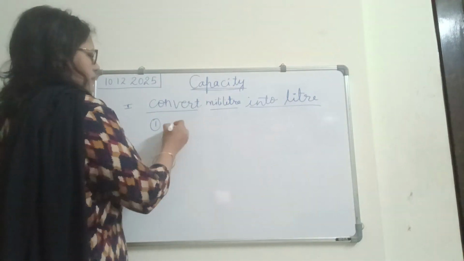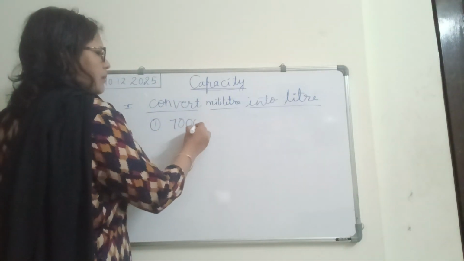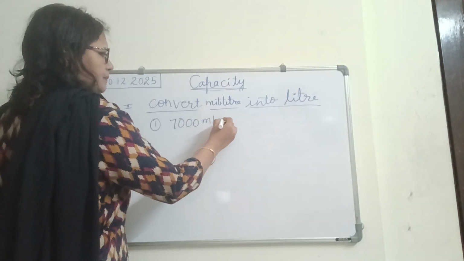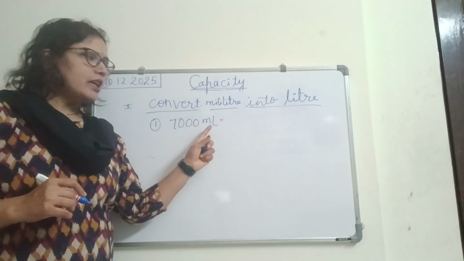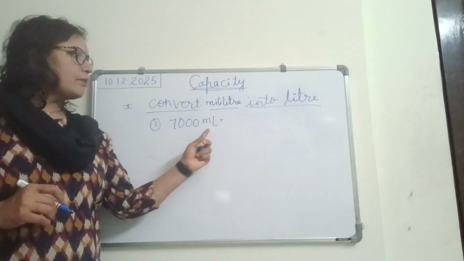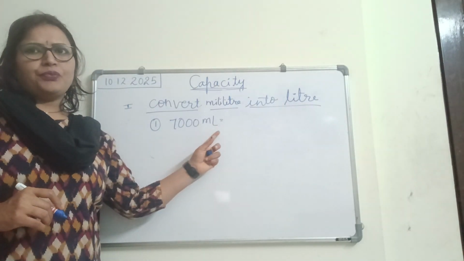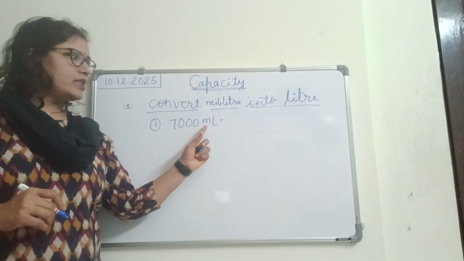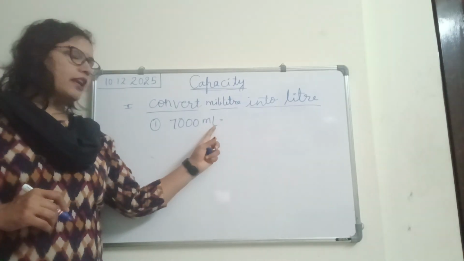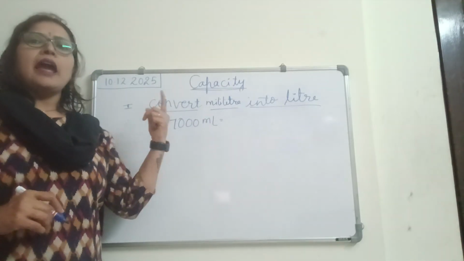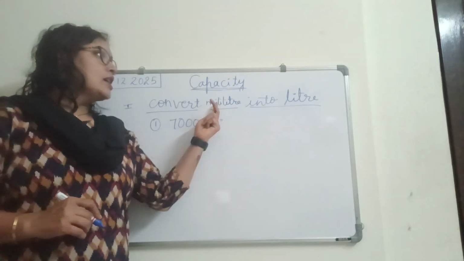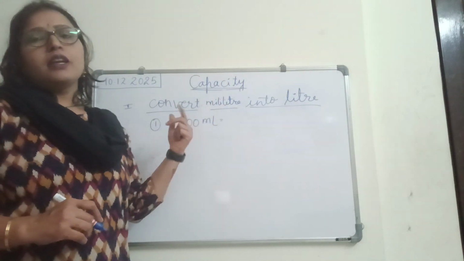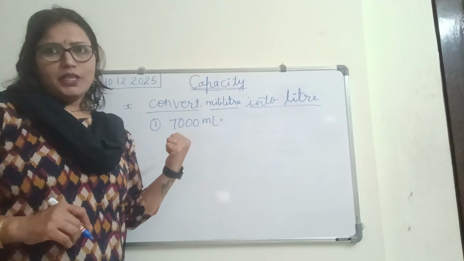Suppose first one, 7000 milliliter is given. 7000, M for milli, L for liter. So M is small, L is capital. Whenever you are writing the units, M is small and liter is expressed with capital L. So milliliter is given. Now you have to convert into liter.